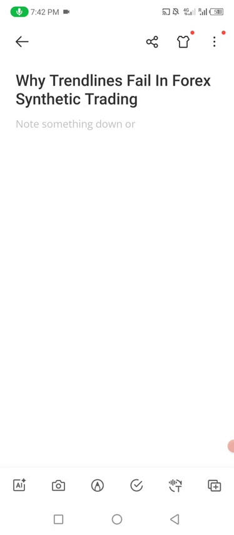It actually measures the steepness of a particular action, whether it is upward sloping or downward sloping.